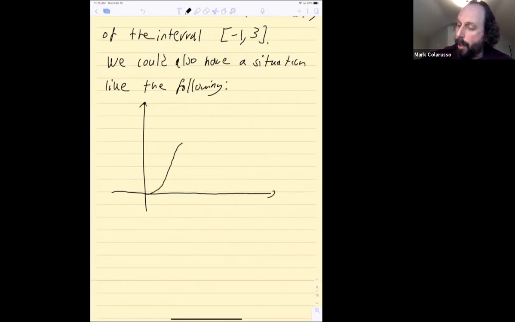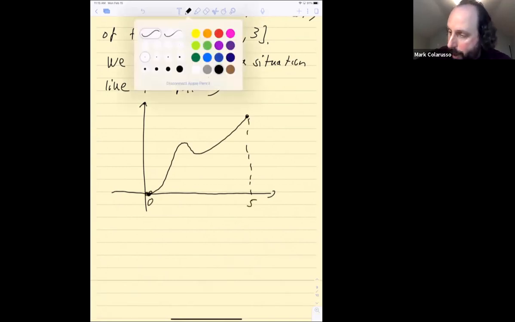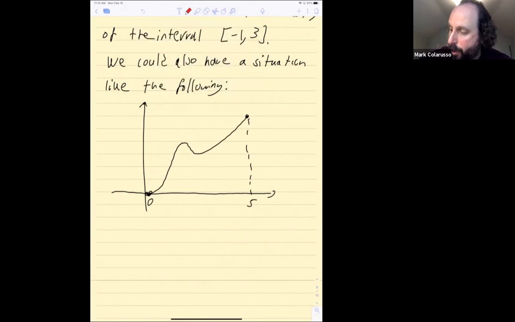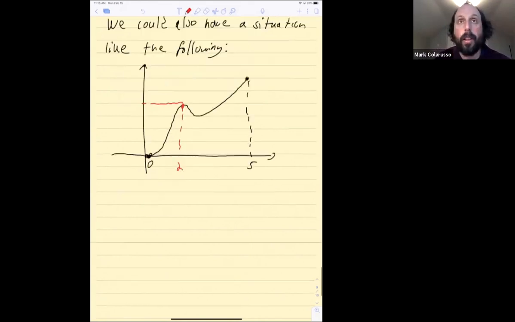You have a max, but then the function keeps going up. Say this is 0 to 5 or something. So here you have a relative maximum. Maybe this is the point 2. But you have a relative maximum, but the actual maximum occurs at the endpoint.